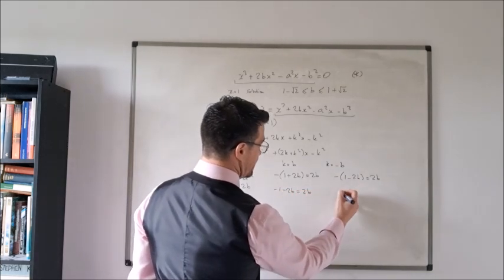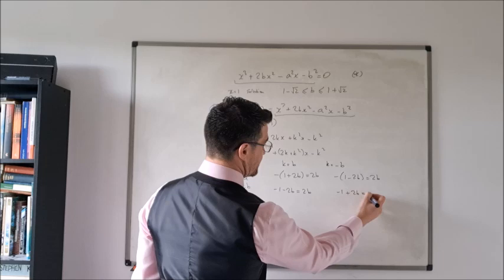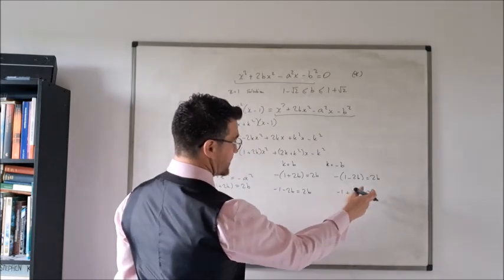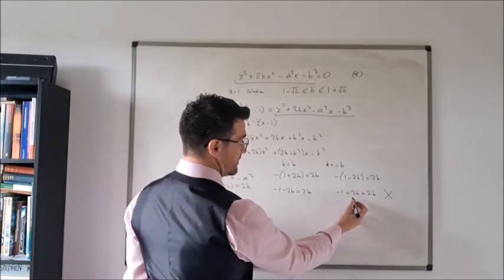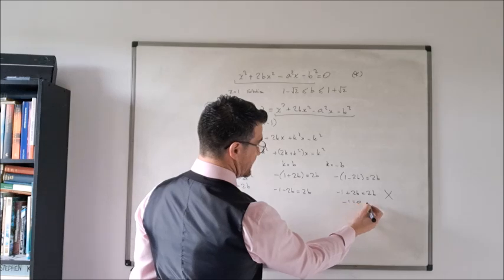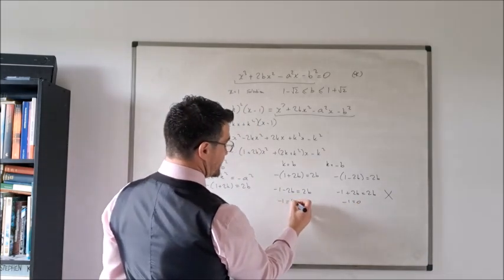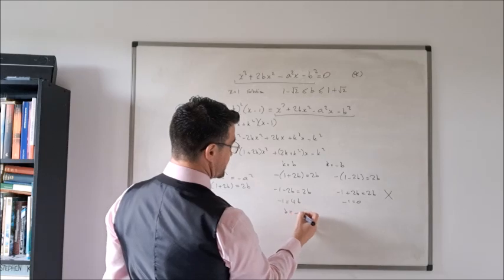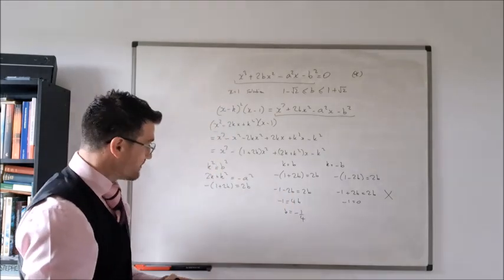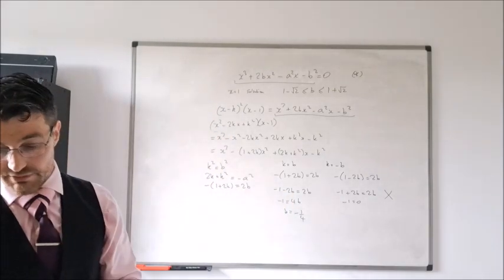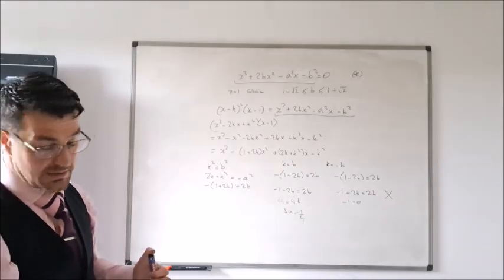In this case, we get minus 1 plus 2b equals 2b. That can't work, because we get minus 1 equals 0. That's a bit of a no-no. So here we get minus 1 equals 4b, so b is going to be equal to minus a quarter. Okay, we don't even need the other equation, at least not for the time being.